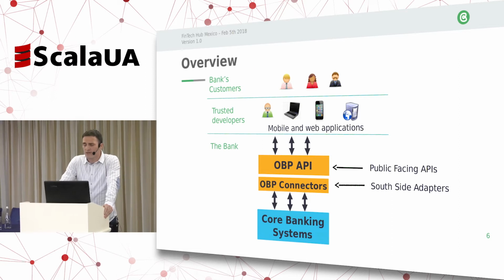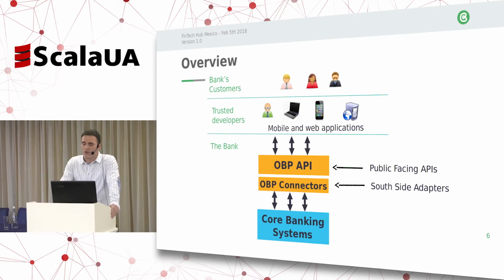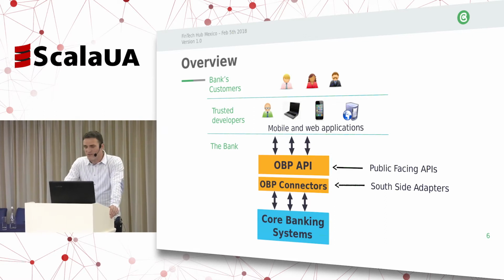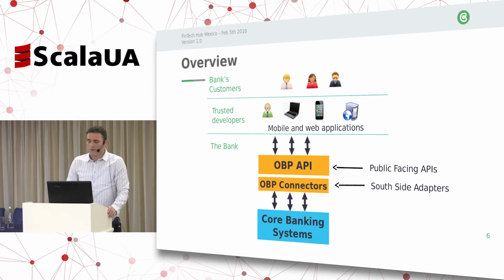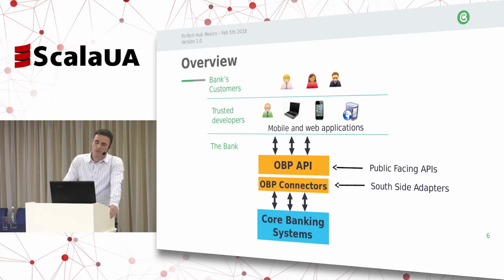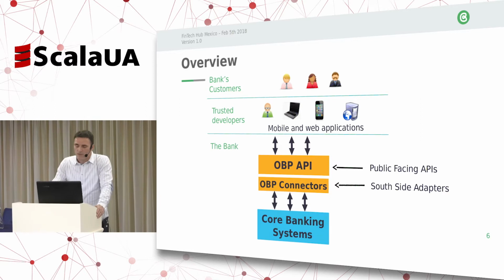Open Bank connectors, or south-side adapters, are a piece of code which is different from bank to bank. So if you want to implement the Open Bank Project at some bank, then the connector would definitely be different.